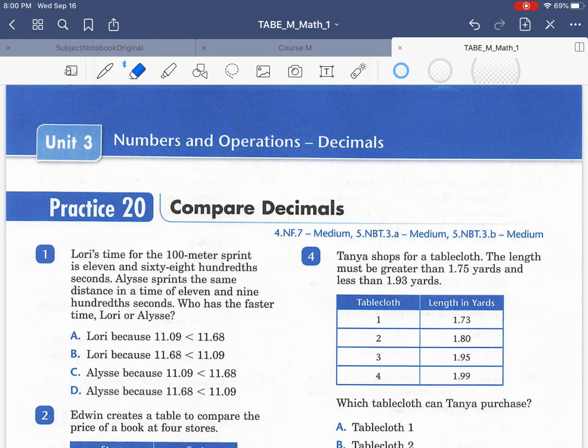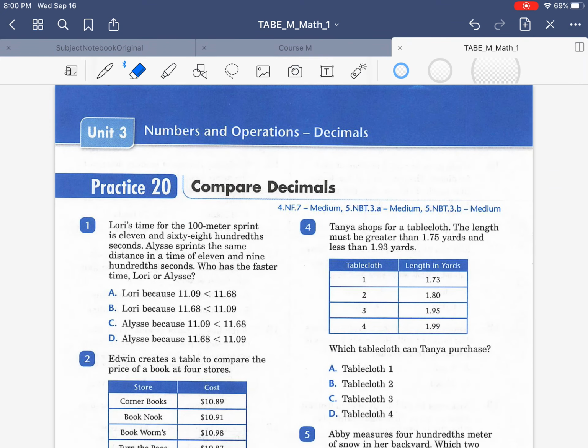So let's take a look at comparing decimals. If you haven't watched the instruction video, I strongly recommend that you do that before looking at this lesson. That will help you to understand greater than, less than.